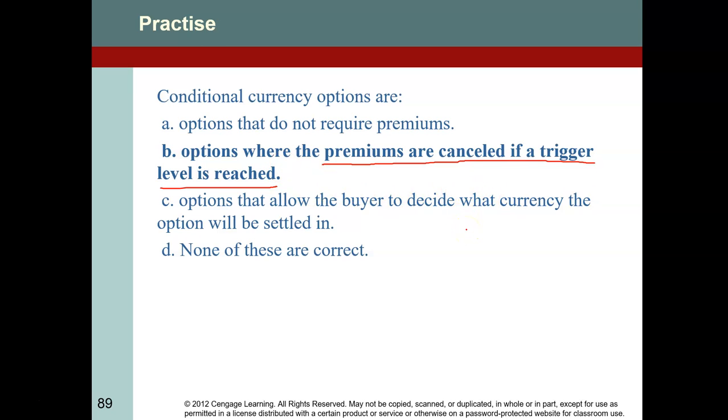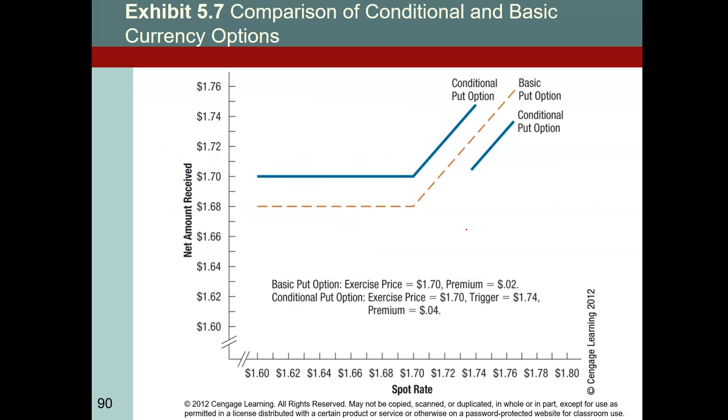Okay, so I guess this practice and the concept are giving us some new ideas. Let's look at an example so you would be more clear. We're using put option as an example here, and we're comparing conditional put option and basic put option.